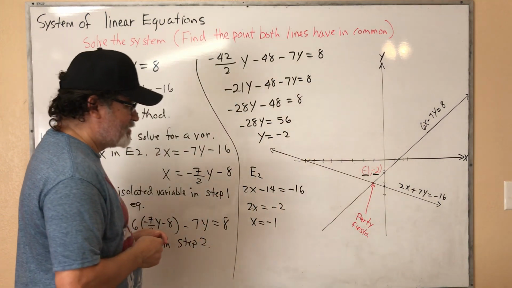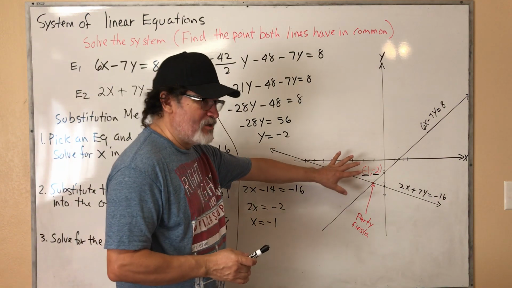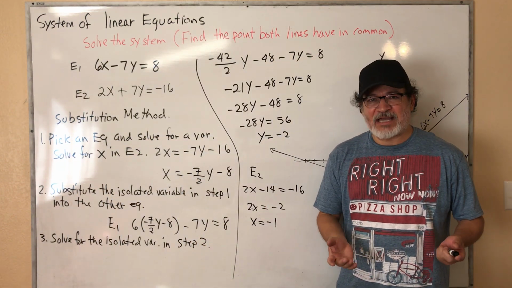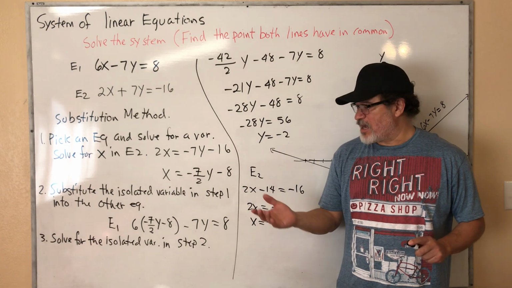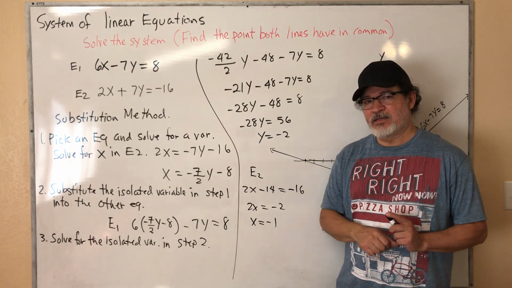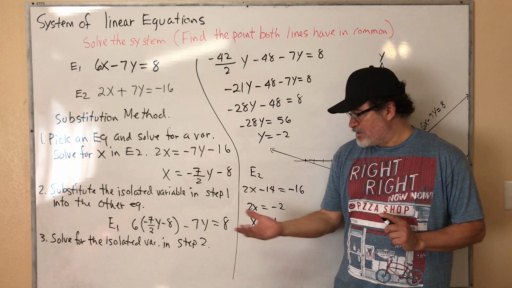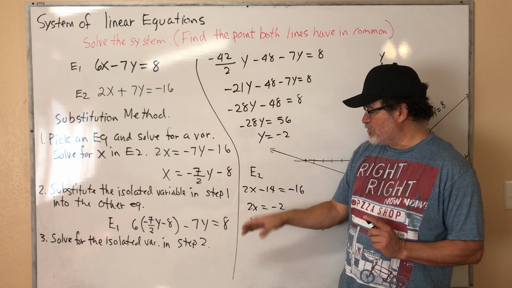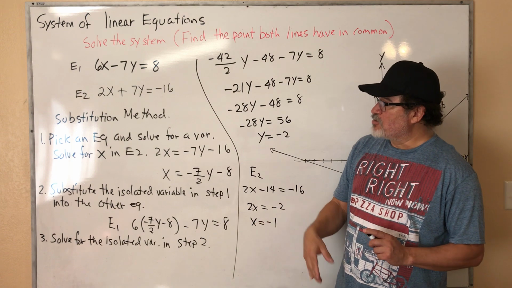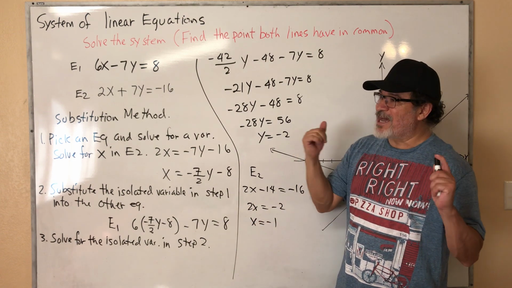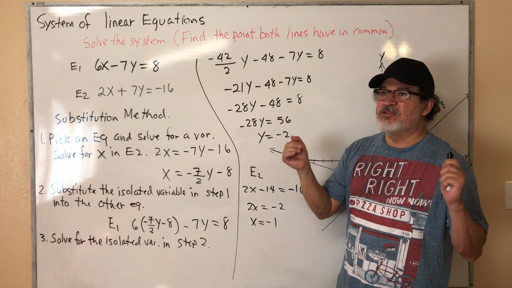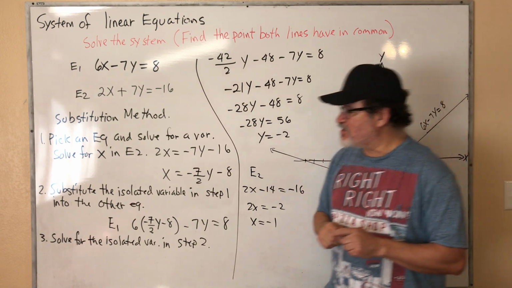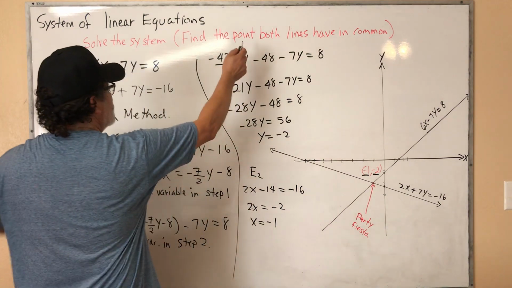Okay? And so therefore, remember, you don't have this graph. If we ask you to do it by the substitution method, you don't have this graph in the back. But look, you got y equals -2, x equals -1. So then you say, the solution has been solved. We found the address to the party. The address to the party is this. It's the solution.